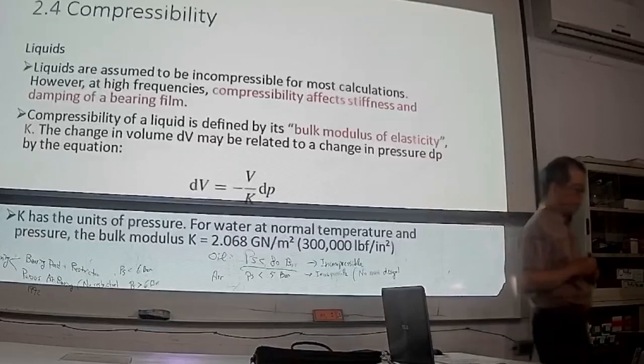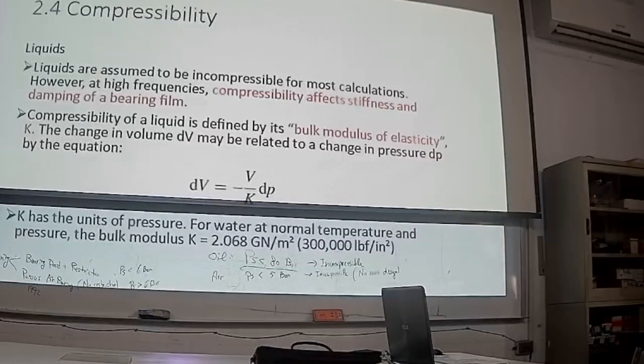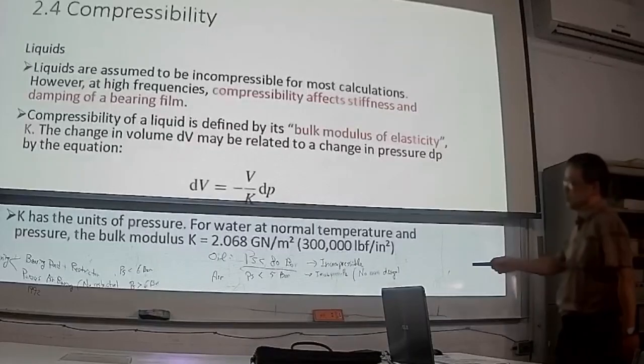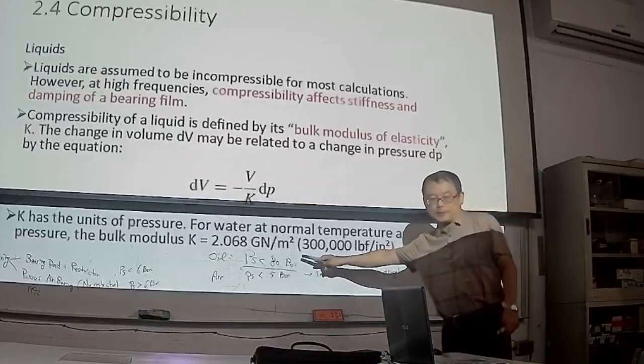For the air bearing design, if you don't have any recess and you operate at less than 5 bar, usually we will assume it's incompressible. So this is very important. When you are designing the hydrostatic bearing, you can choose the parameters as you wish, and you need to be careful to choose the supply pressure lower than this number.